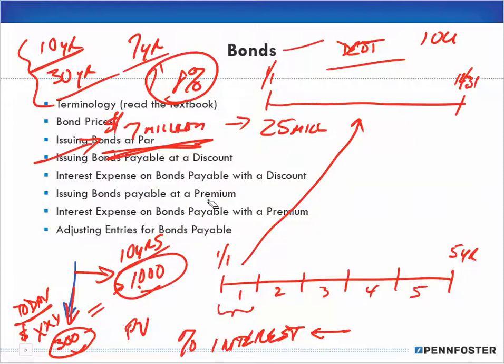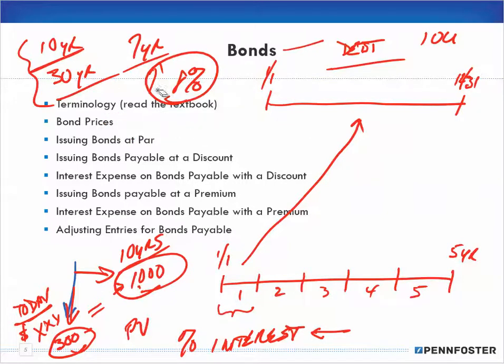Now, also, during that time, they're going to have to pay interest, depending upon the terms of the bond. In this case, we're saying that the interest rate is 8%, and let's say the interest is paid semi-annually. That's generally a standard, the most commonly used one.